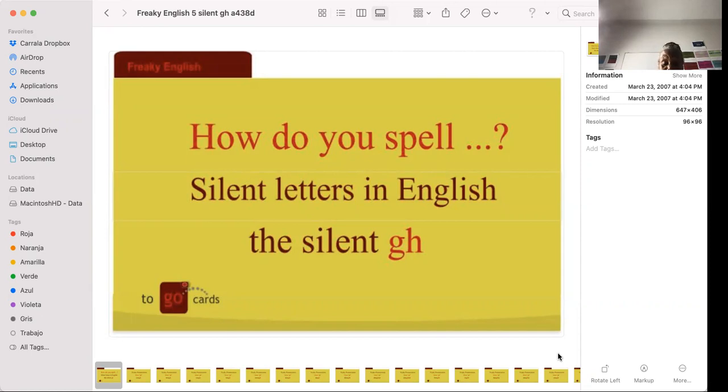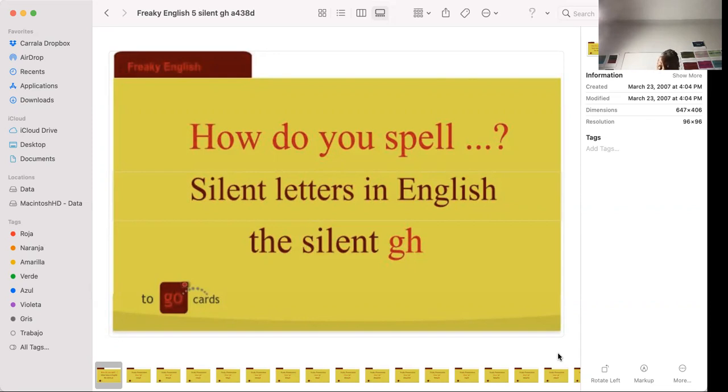The problem is that, for example, I have here, how do you spell, and then whatever the word would be, silent letters in English, and I'm talking about the silent GH. The problem with the GH is that the GH has more than one sound. In rough, the GH is not so much silent as it takes on the sound of another letter.